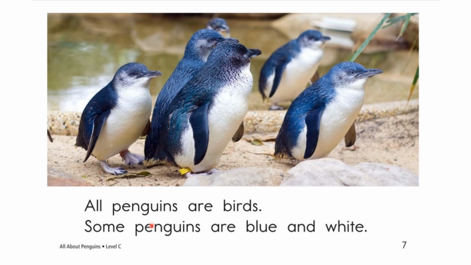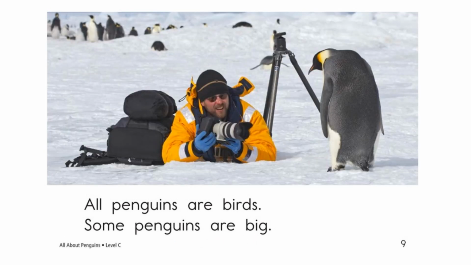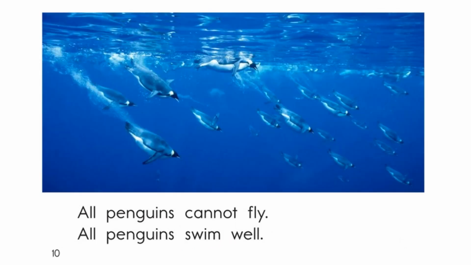All penguins are birds. Some penguins are blue and white. All penguins are birds. Some penguins are little. All penguins are birds. Some penguins are big. All penguins cannot fly. All penguins swim well.